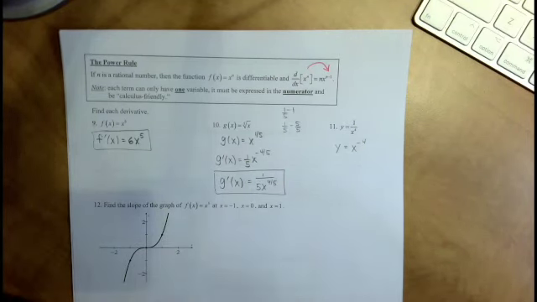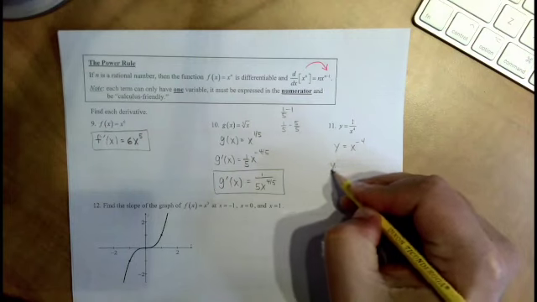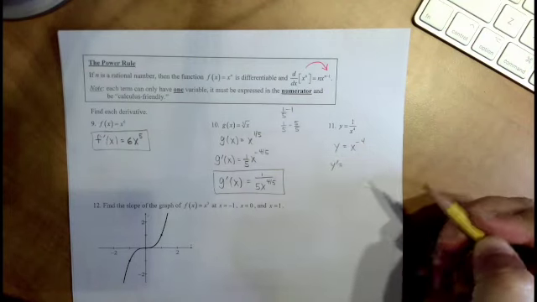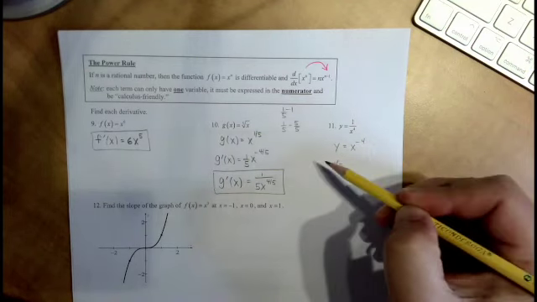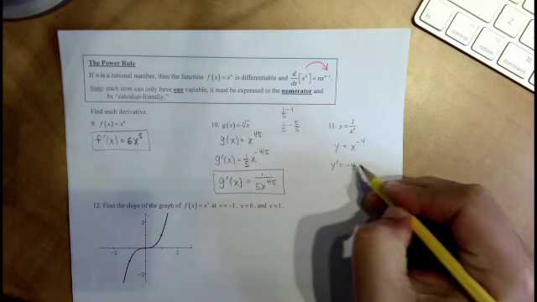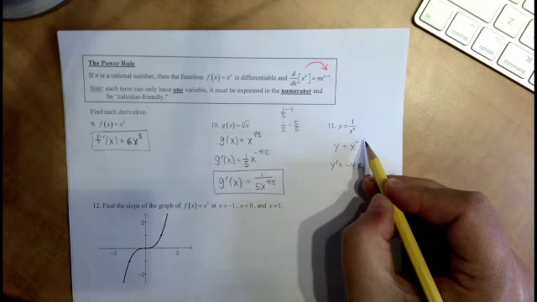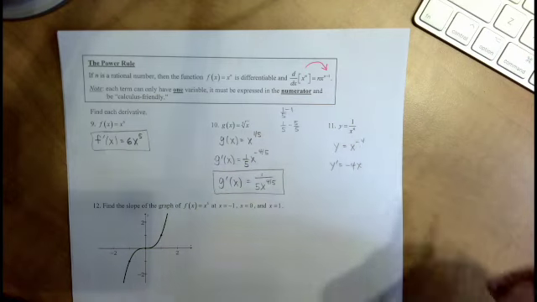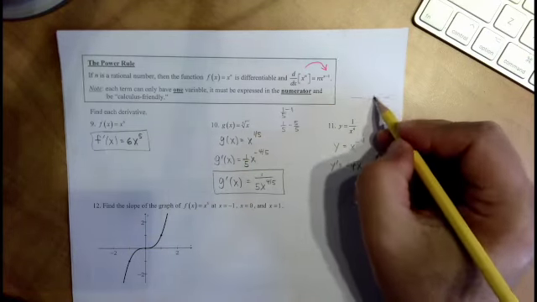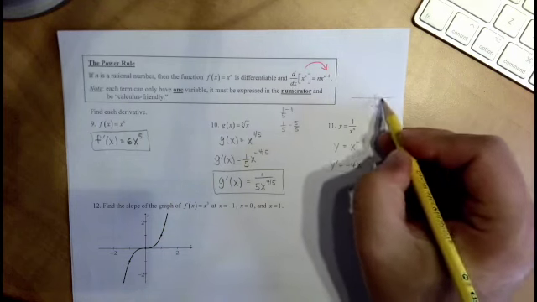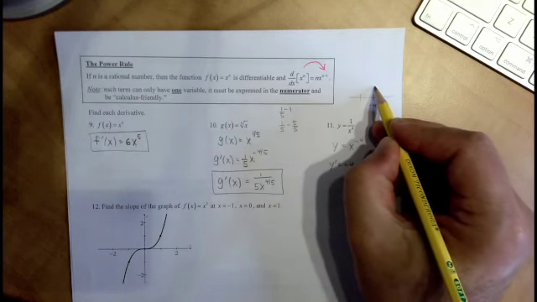So now I can use the power rule. So y prime is equal to, that -4 is going to leap in front. I write the base of x, and I decrease -4 by 1. If you think about -4 on a number line, and you decrease it by 1, that means you're moving to the left.